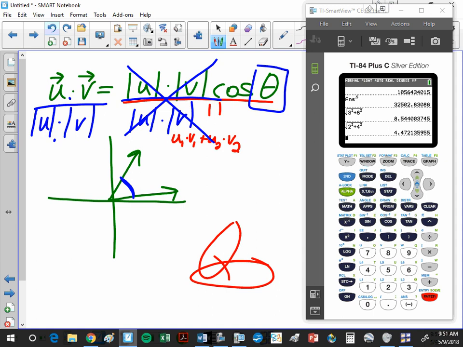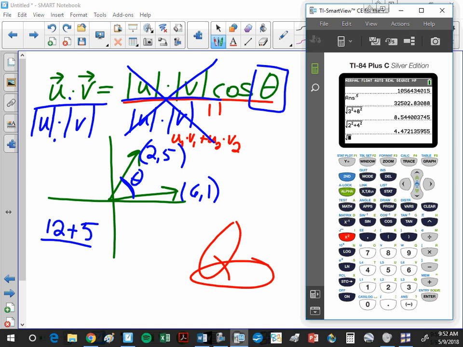So let's say this is 6, 1, and then this vector is 2, 5. What is theta? Well, I do the dot product. 2 times 6 is 12 plus 5 times 1 is 5 over... got to find the magnitudes.